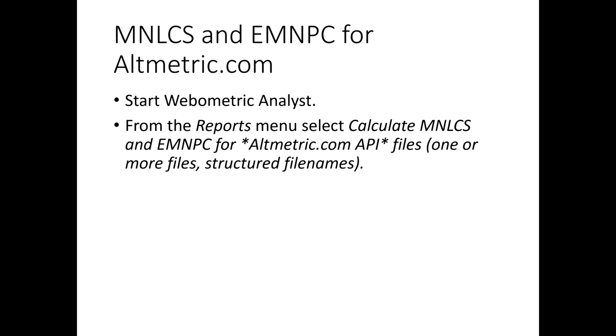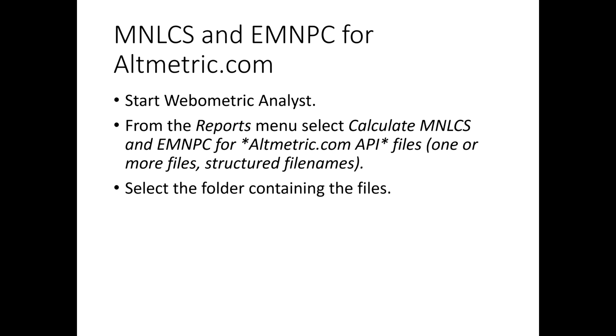How do we calculate the MNLCS and the NPC for the Altmetric.com data? It's very similar to Mendeley. We start Webometric Analyst, and from the reports menu we ask for the option calculate MNLCS and EMNPC for, and then we make sure we choose the option with Altmetric.com API files, one or more files, structured file names.